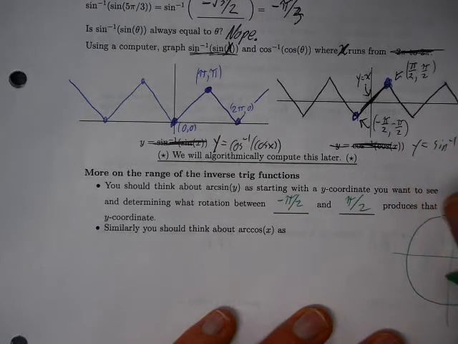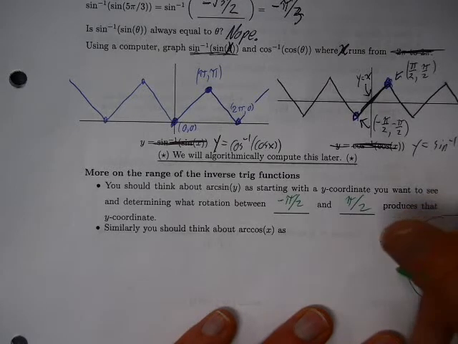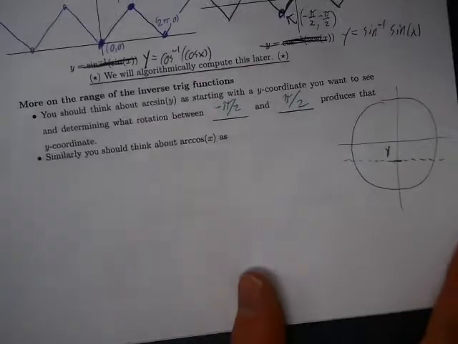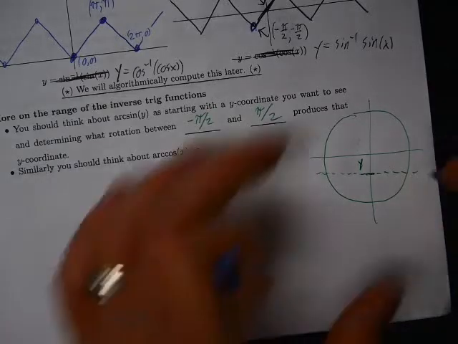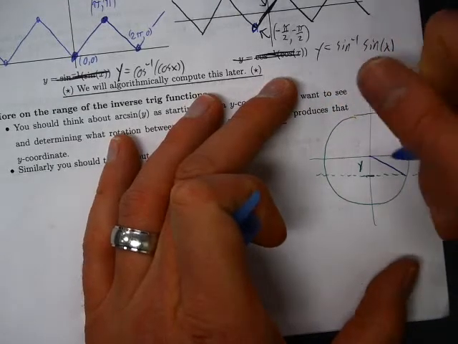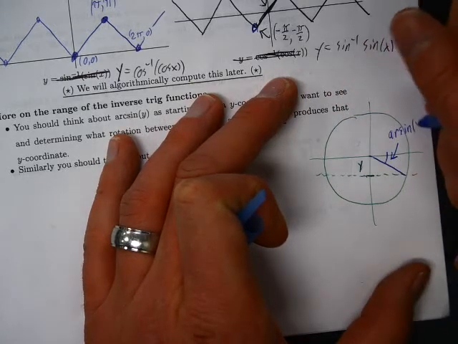If you start with some y value, maybe this one will be negative, then you want to know what angle between negative pi over 2 and pi over 2 produces it. So is that the angle that will produce the thing in quadrant 3 or in quadrant 4? Quadrant 4, yeah. So this angle is arc sine of y.